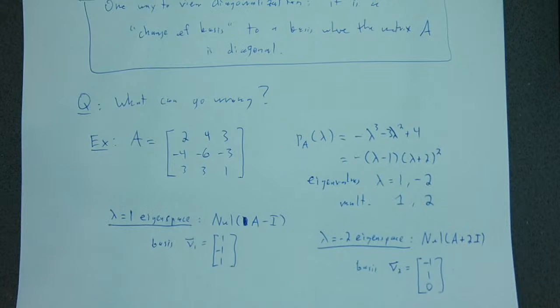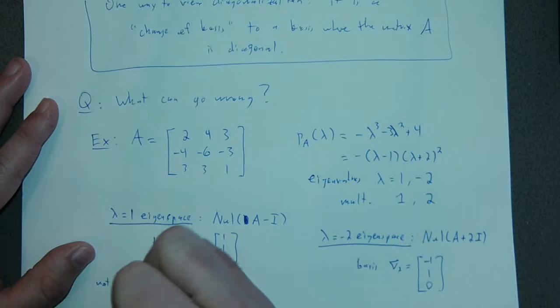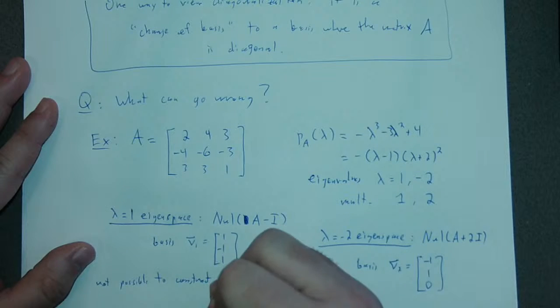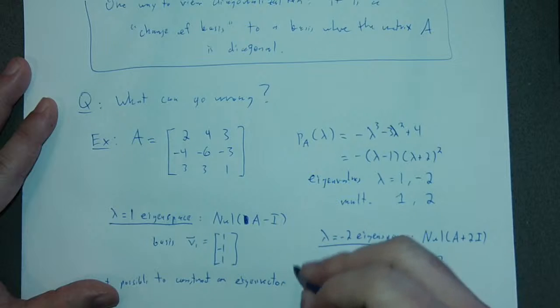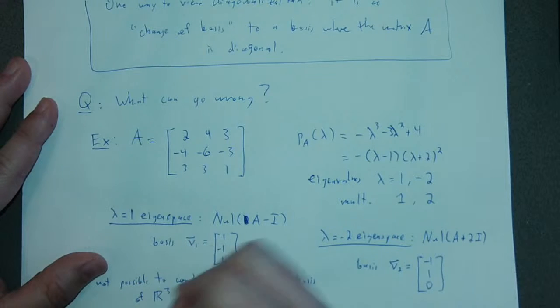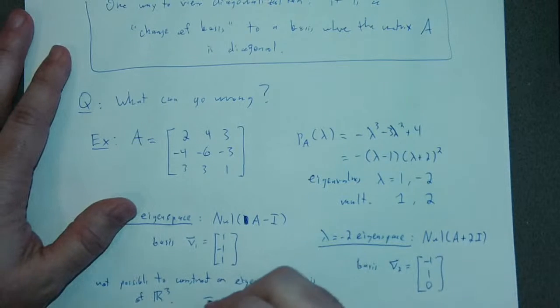There's no other place to get my third linearly independent eigenvector. All right, so it's not possible to construct an eigenvector basis of R3. So A is not diagonalizable.